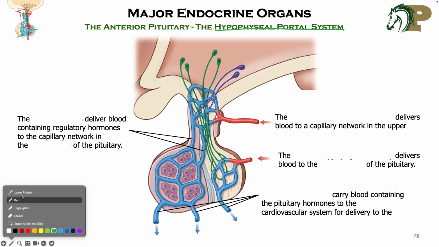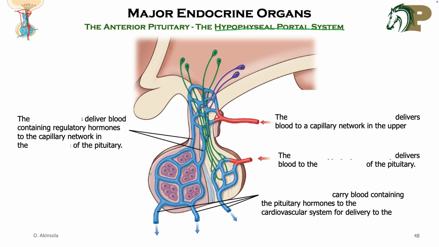So look over here. This is the anterior pituitary. I'm just going to abbreviate that to AP. This is your posterior pituitary. I'm going to abbreviate that to PP.